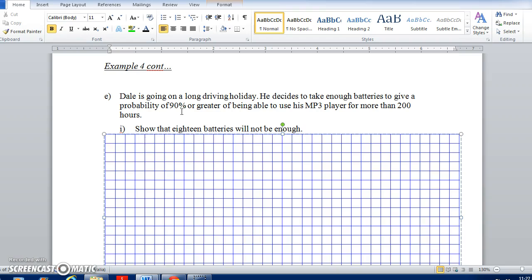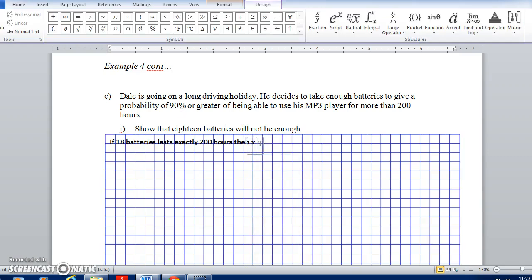So we start by thinking, well, what mean do we need for 18 batteries to last exactly 200 hours? So if 18 batteries last exactly 200 hours, then we need the mean of the sample of 18 to be simply 200 divided by 18, which is equal to 11.11 hours.